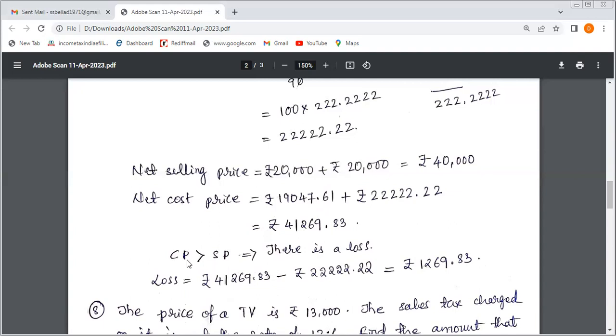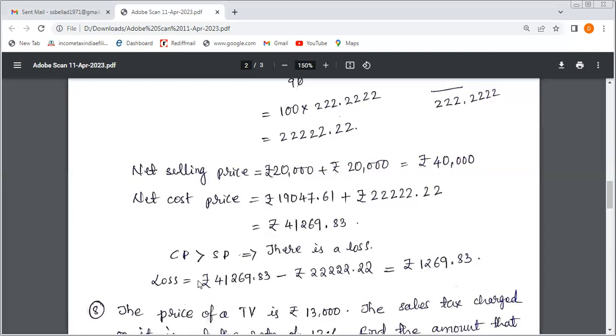You have to always compare the cost price and the selling price. So the net cost price is 41,269, but the net selling price is 40,000. Therefore, the net cost price is greater than the net selling price.